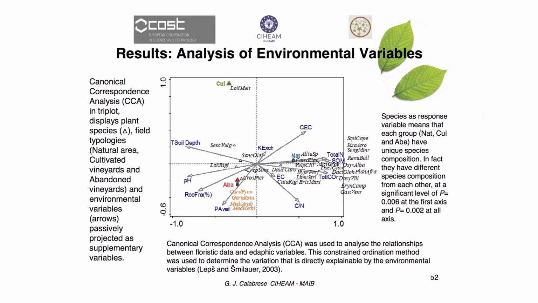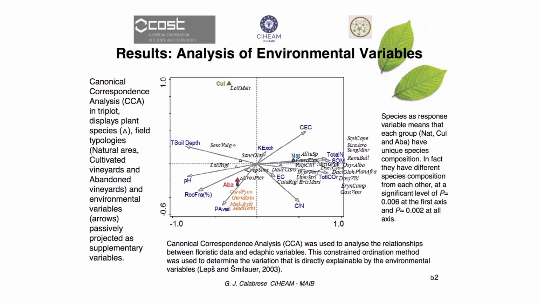After that, we identified that the floral composition is typical for each typology of fields. We are allowed to use the plants, the species, as response variables, as if their presence is dependent on the environmental parameters. And this is what we found out, that we had some species that are typical of the abandoned, some others that are typical of the natural.